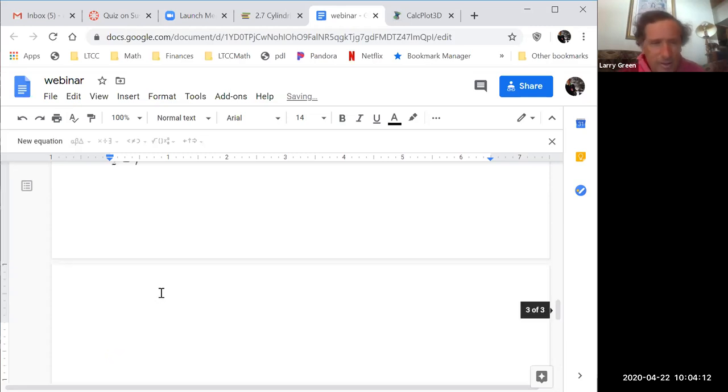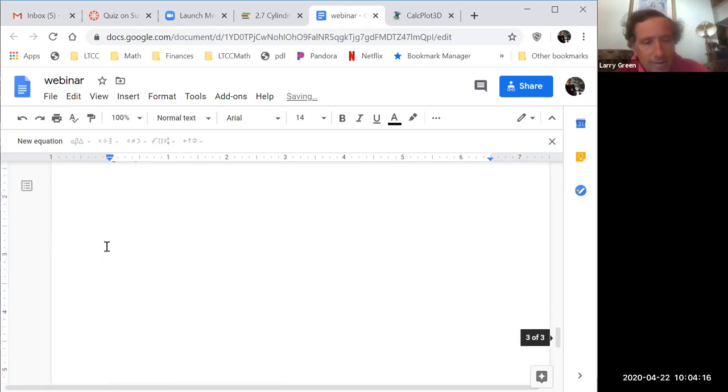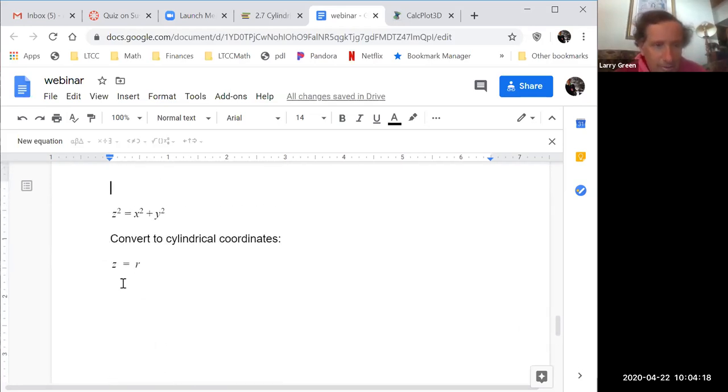How about spherical coordinates? Let's go to spherical coordinates. We have z squared equals x squared plus y squared. We want to convert that to spherical coordinates. What should we do? Any suggestions?